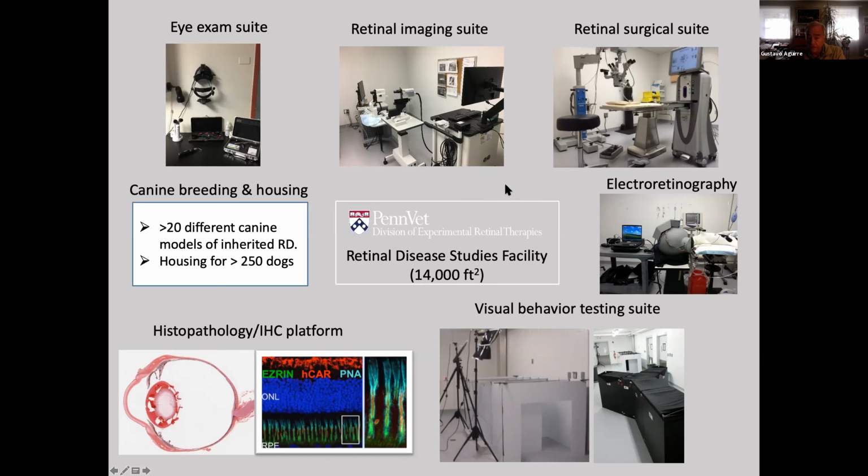Modernized in 2005 with FFB and slight NIH funding, and modernized again a few years later, where we have facilities for doing clinical exams, OCT with either a Spectralis or a Bioptigen unit, a surgical suite.